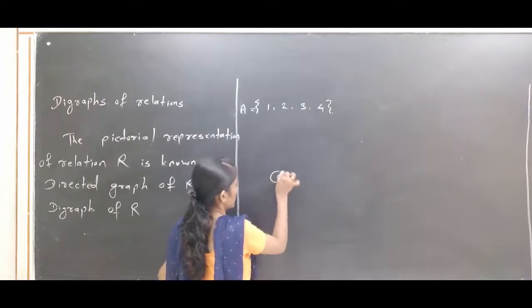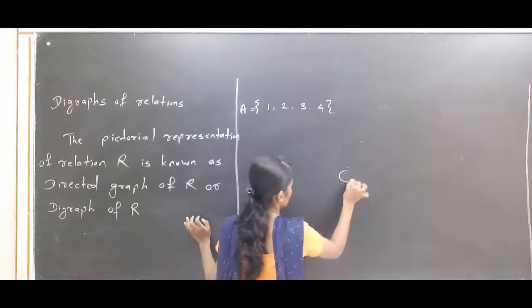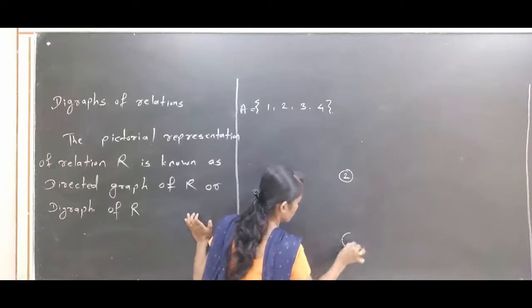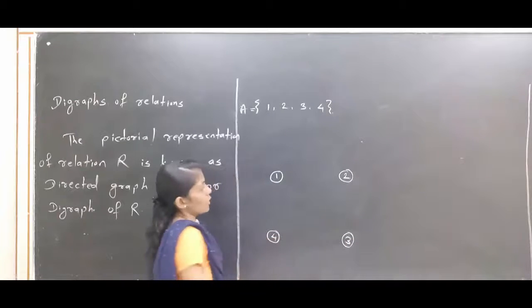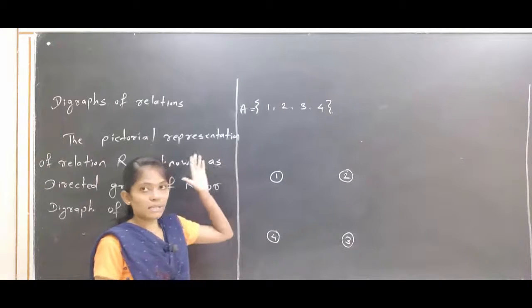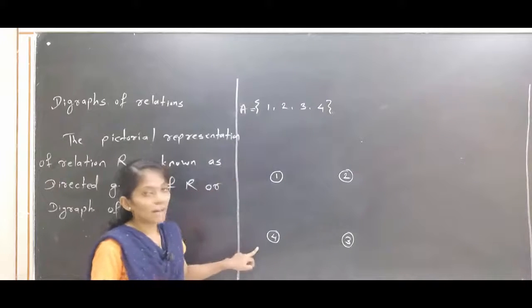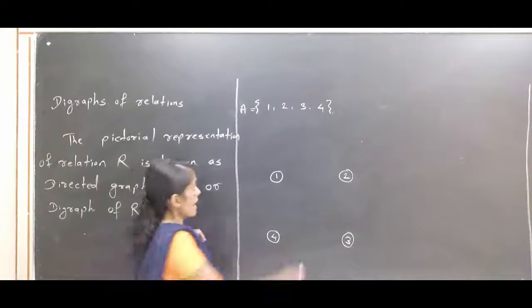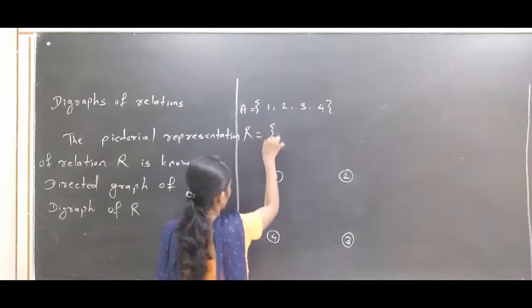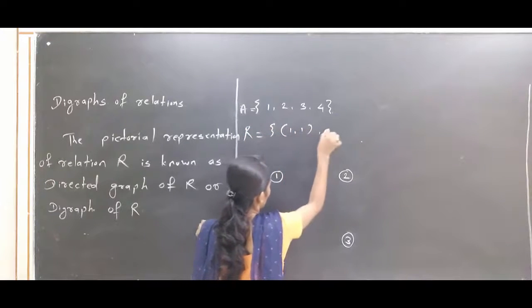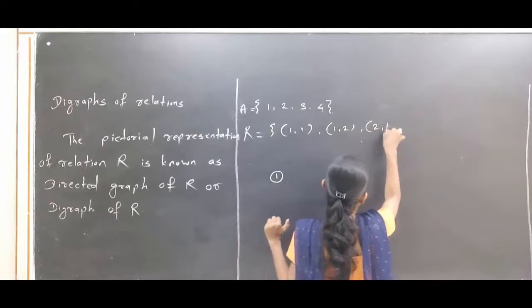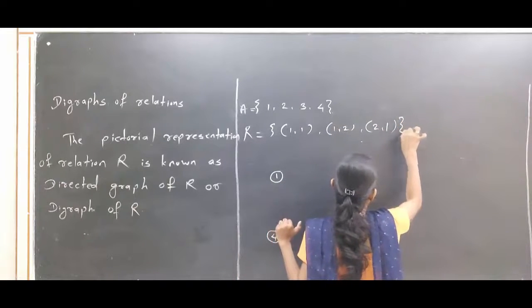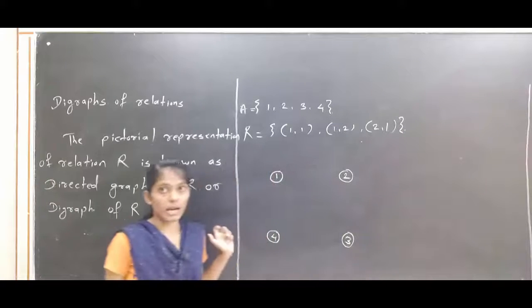And suppose relation R is (1,1), (1,2) and (2,1). Okay, so this is relation R.